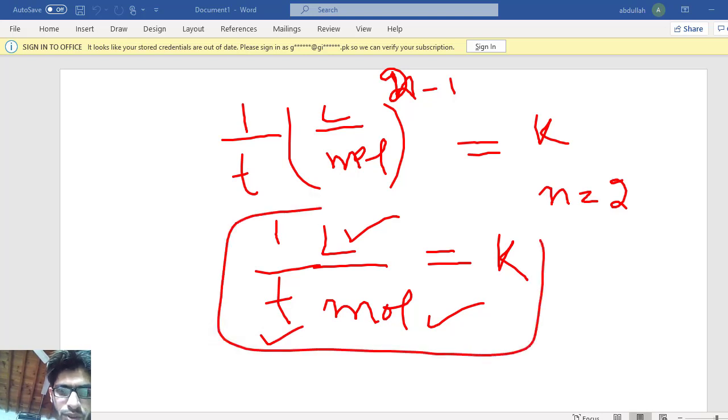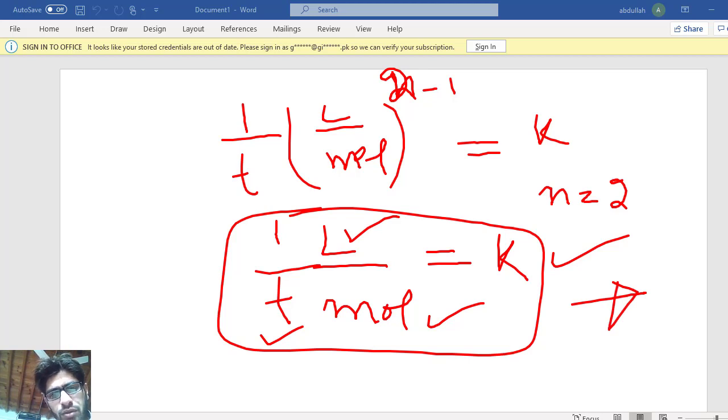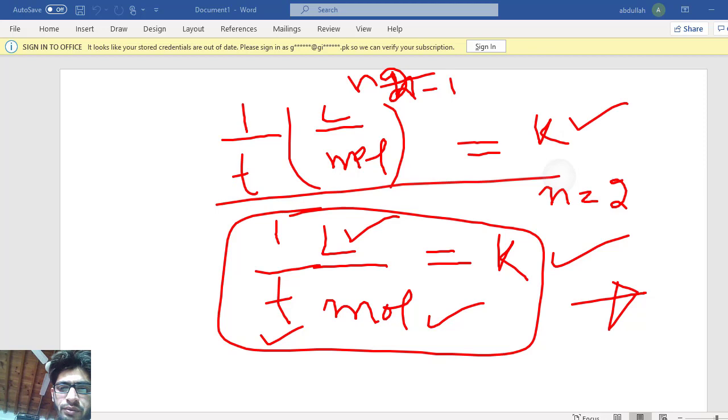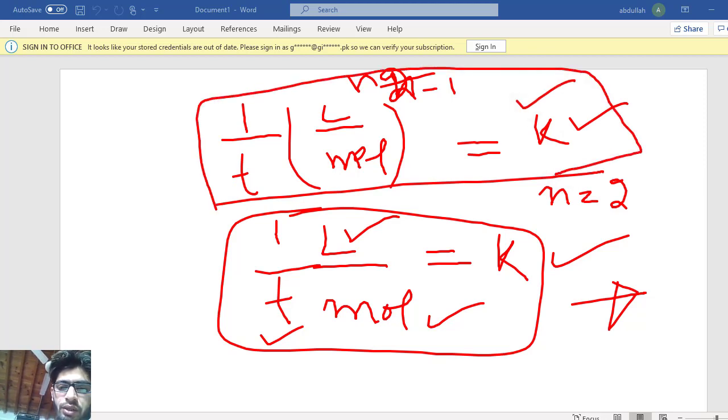So this will be the unit of rate constant in the case of second order reaction. So this was for the general order: 1 over time into liter divided by mole to the power n minus 1 is equal to k. This is the general equation from which we can obtain the unit of rate constant for any order of reaction. Thanks.